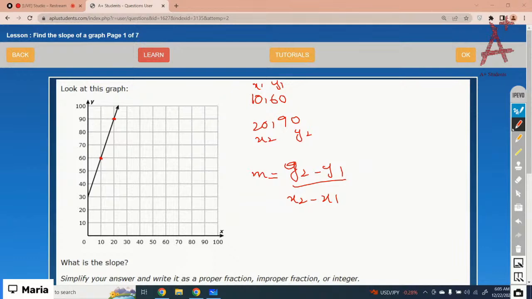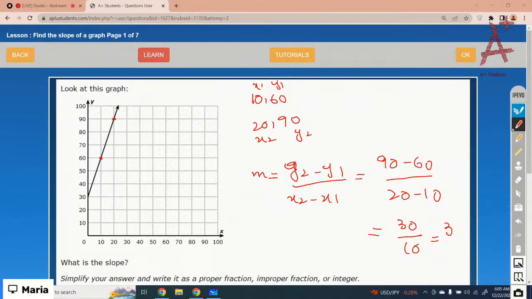So y2 minus y1, 90 minus 60 divided by 20 minus 10. Got it? 90 minus 60 is 30, and 20 minus 10 is 10. So it would be 30 over 10. So the slope of the graph is 3. Got it? So the slope for this graph is 3.